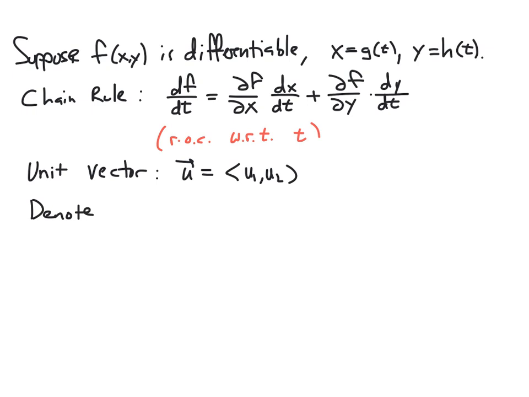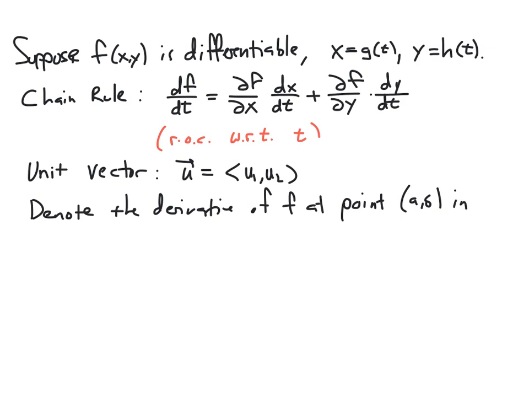We're going to denote the derivative of f at a point (a, b), some point in the domain of our function, in the direction of that unit vector we picked, by a capital D with subscript u, D_u f(a, b). This is going to be our notation for the directional derivative in the direction of u.